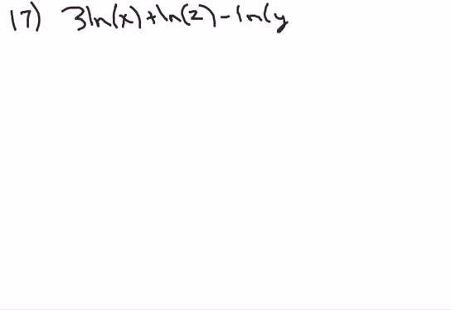Okay, next one, number 17. Which of the following is equivalent to 3 ln, the natural log, or log base e of x, plus ln of z minus ln of y? Now, addition and subtraction are on the same level as far as order of operations. And this time I'm actually going to condense all of this. It doesn't matter if I do the addition or subtraction first, but first I'm going to bring up the 3.